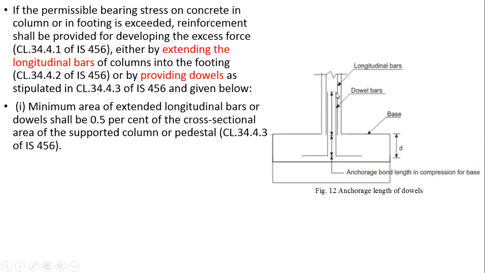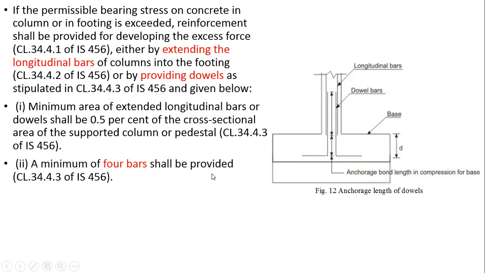The area of steel provided for the dowel bars is 0.5% of the cross-sectional area of the supported column. Suppose your area of steel for the column comes out to be 2%, then you have to provide 1% for these dowel bars.